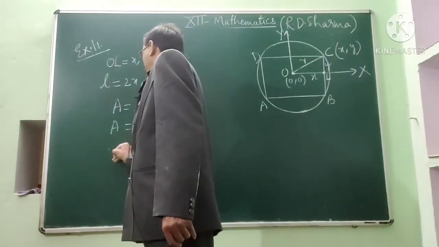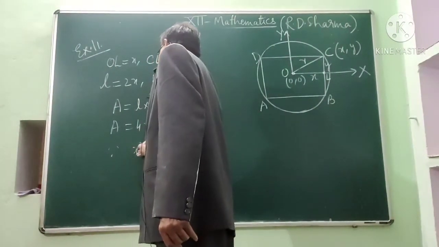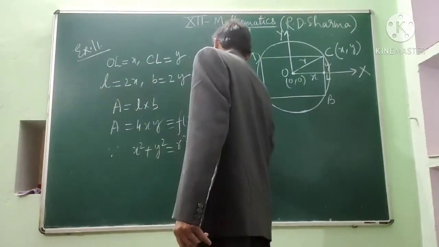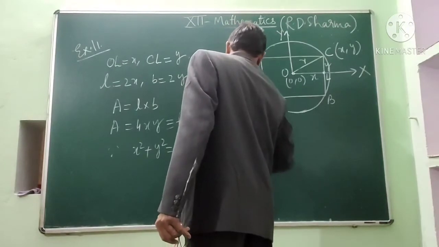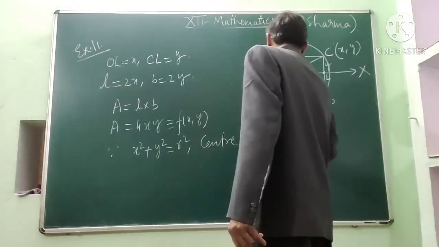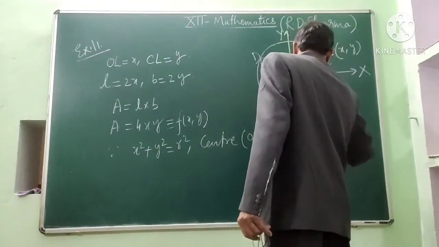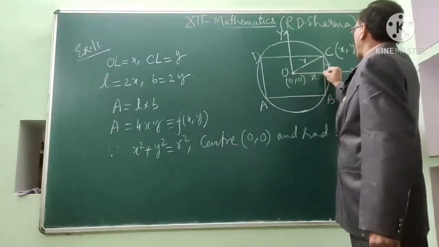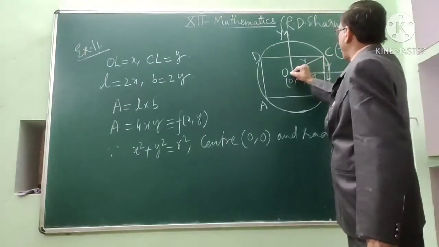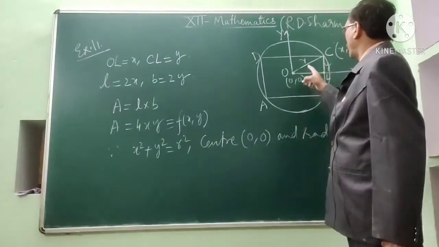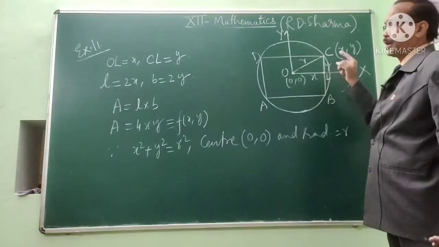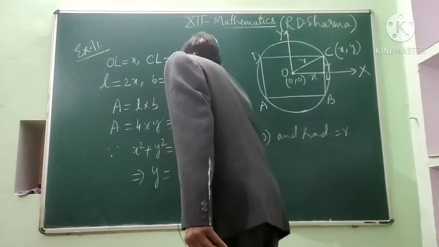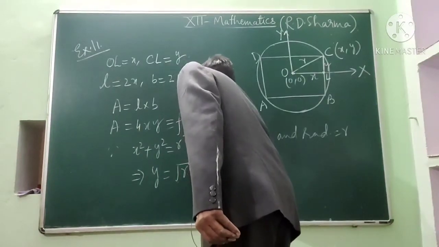Since the equation of the circle is x square plus y square equal to r square when the center is the origin and radius r. And another logic, by Pythagoras theorem, we can find r square equal to x square plus y square. So from this, y equals root of r square minus x square.